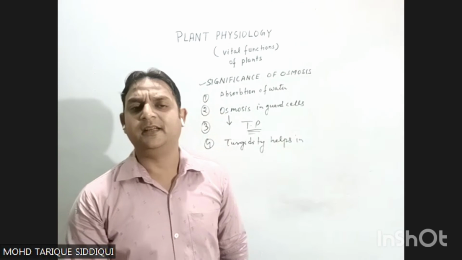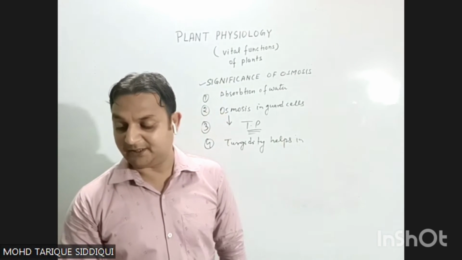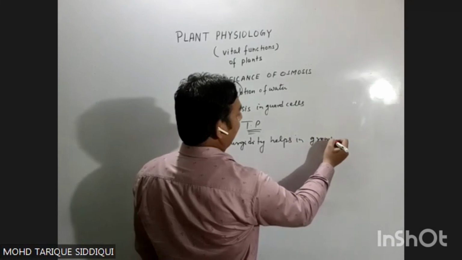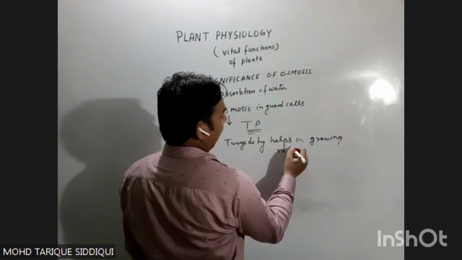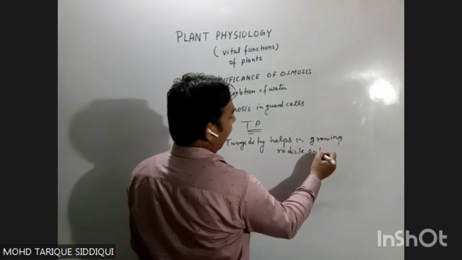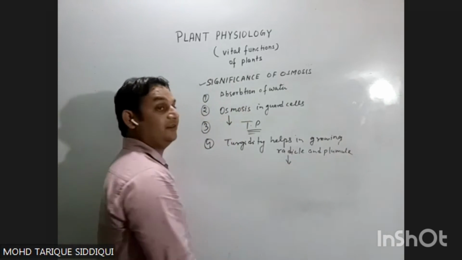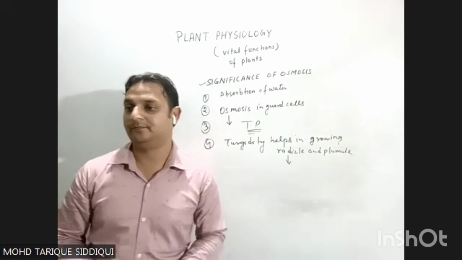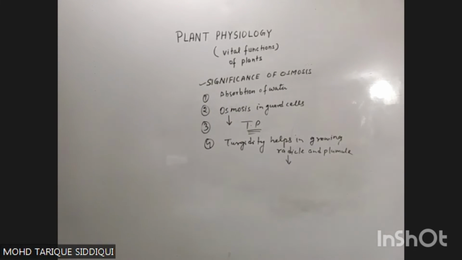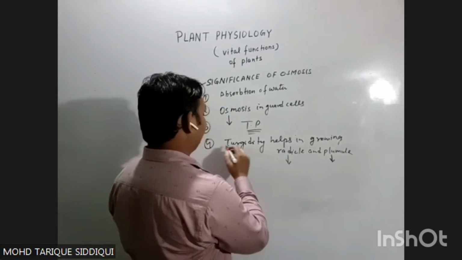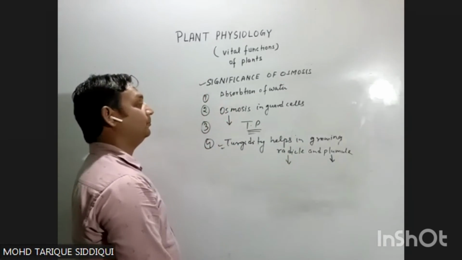The radicle gives rise to the root system, and the plumule gives rise to the shoot system. So turgidity helps in growing radicle and plumule.